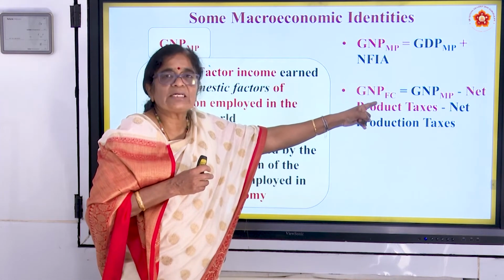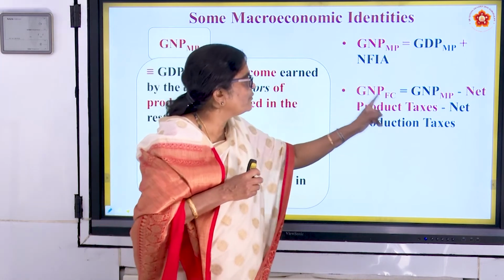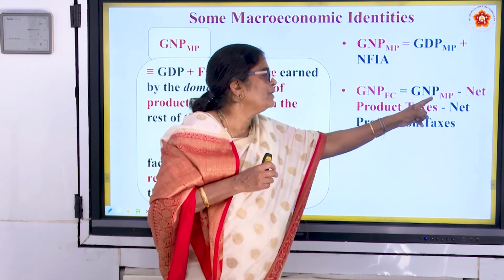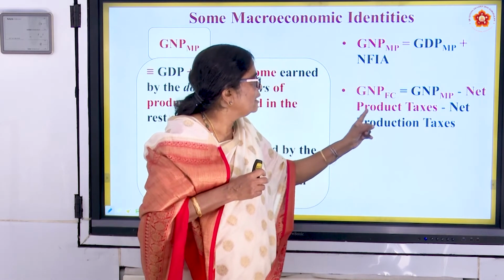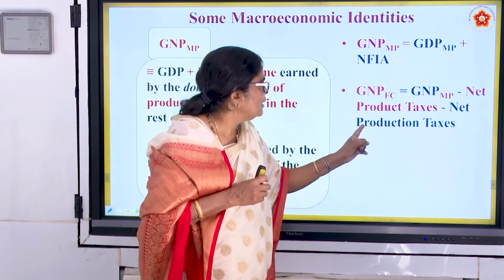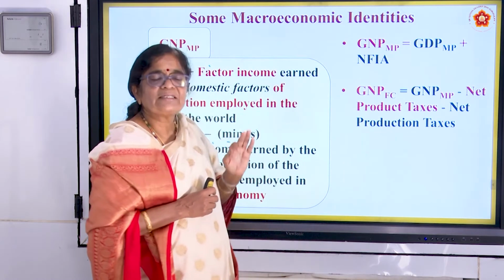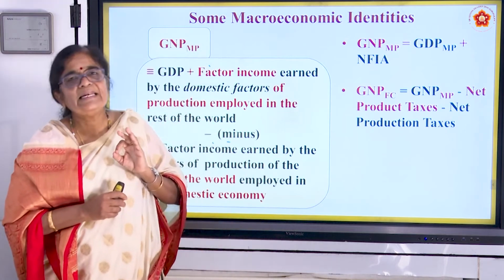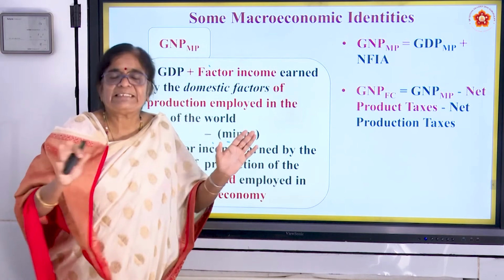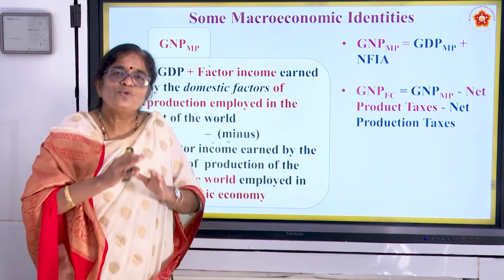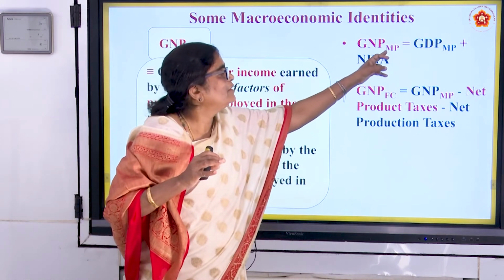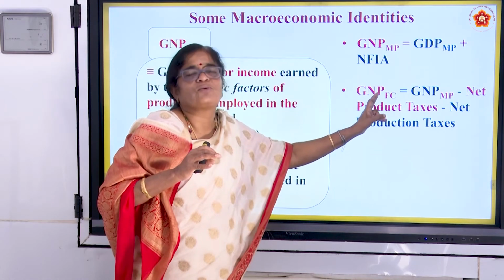Now, how do you calculate GNP at factor cost? GNP at factor cost is nothing but GNP at market price minus net product taxes minus net production taxes. Factor cost does not include any taxes. Therefore, you have to deduct all the taxes from the market price, and then you will get factor cost.